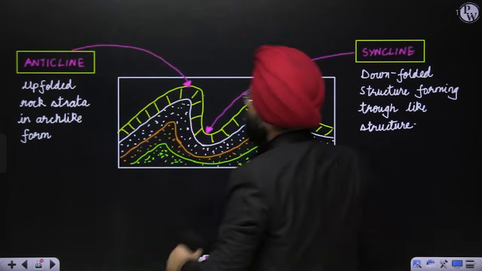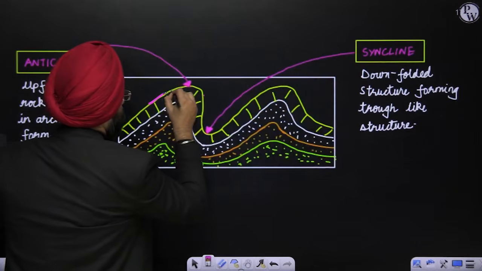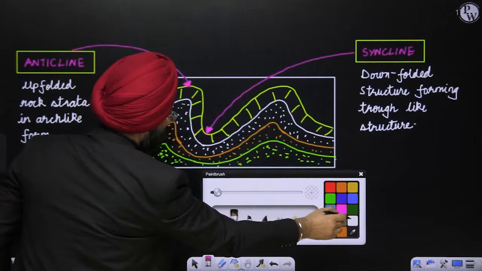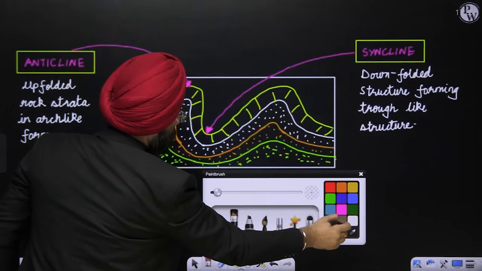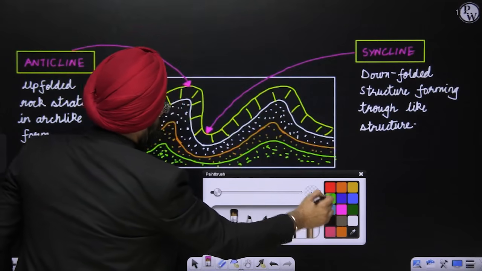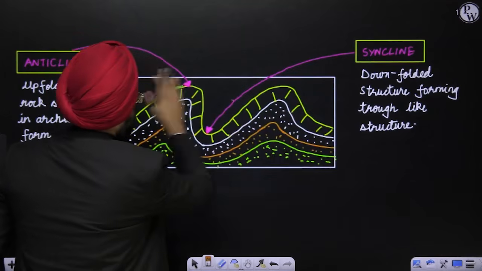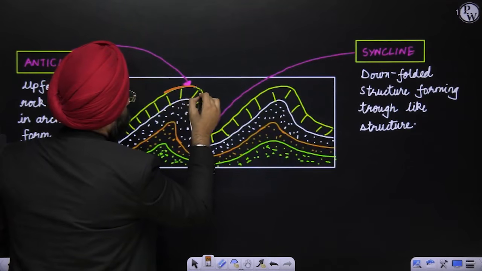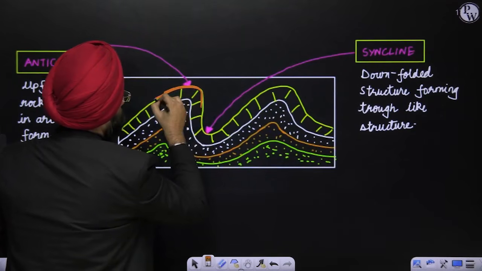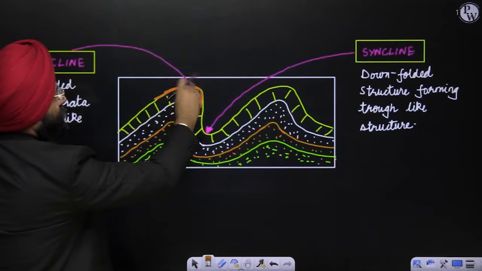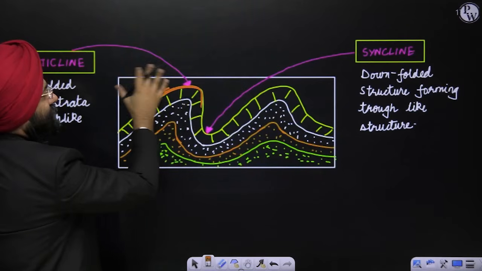Let me take another color so that you will be able to understand it better. This part is upfolded rock strata in an arch-like form. This part is known as anticline.